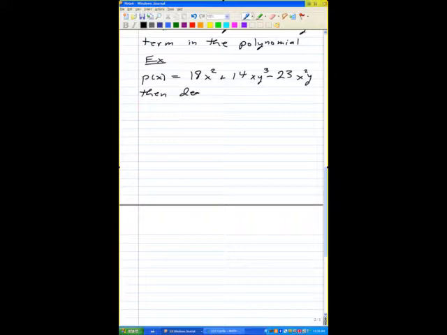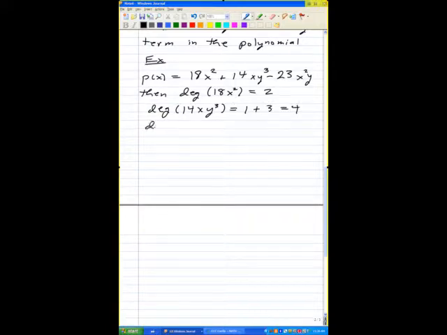The degree of 18x squared, well, there's only one variable, so the degree will be its exponent, 2. The degree of the next term, 14xy cubed: the degree of x is 1, the degree of y is 3, and 1 plus 3 is 4.